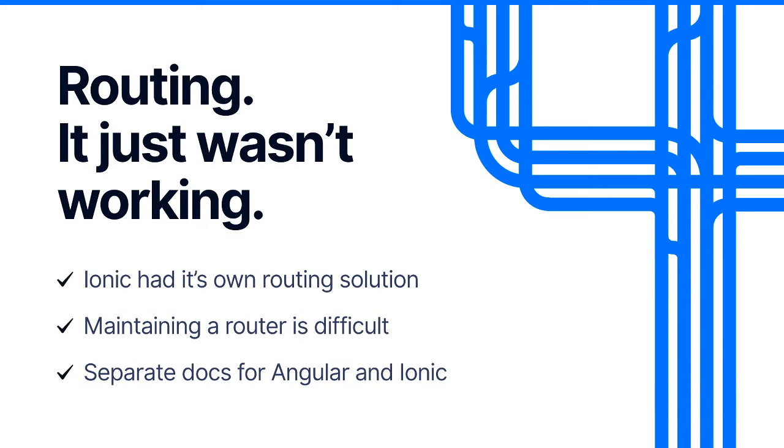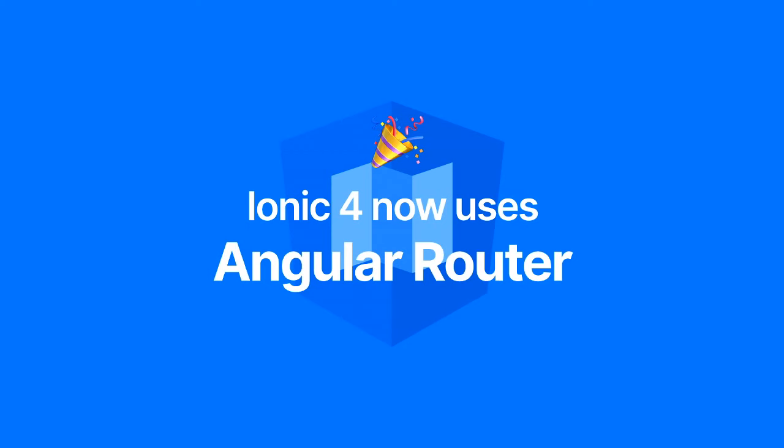And the most frustrating part for me as DevRel is that I saw Angular libraries create separate docs for the Angular way of doing things and then an Ionic way of doing things, which I was not happy about. So I'm happy to share that with Ionic 4, we've completely said our old router system is gone. Use Angular Router. It's great. It has a lot of features, a lot of capabilities, and it falls in line with being a de facto solution for Angular developers.